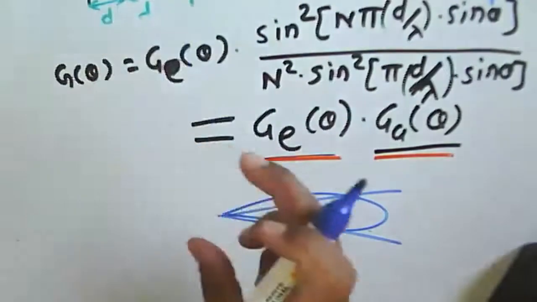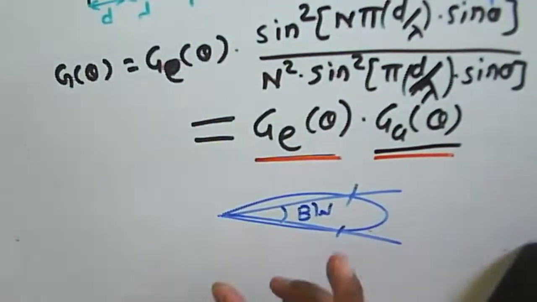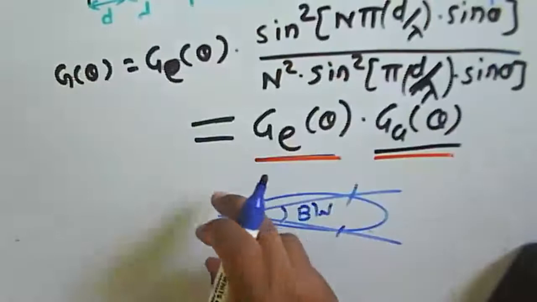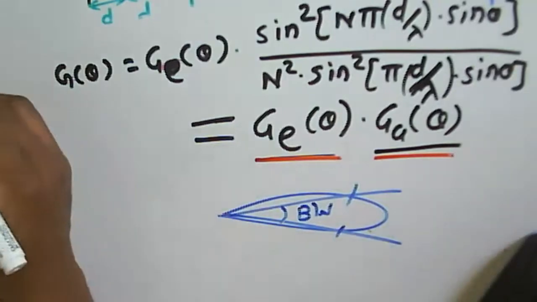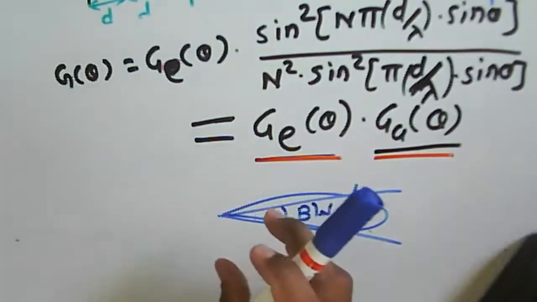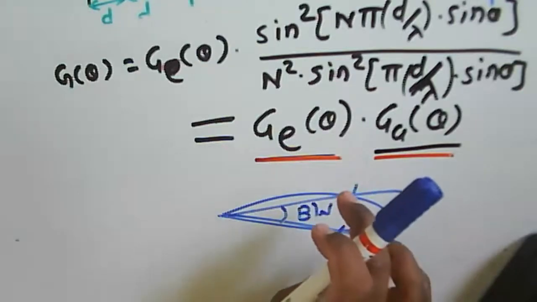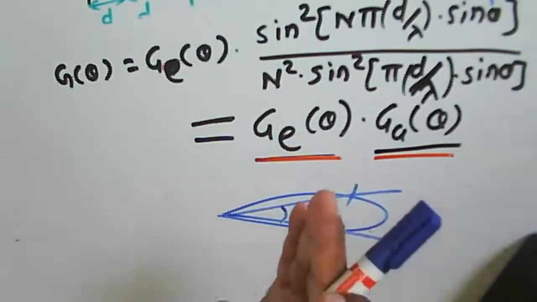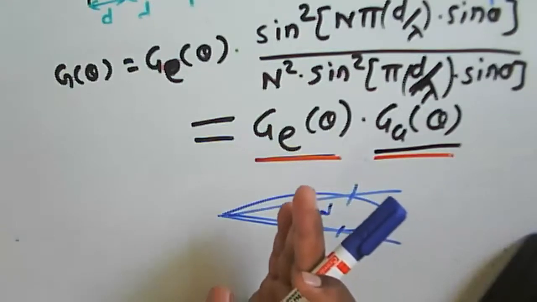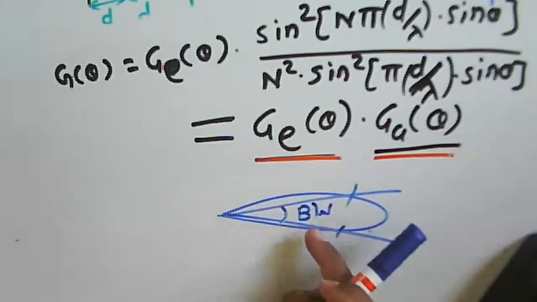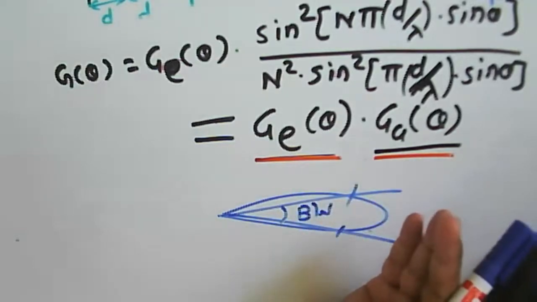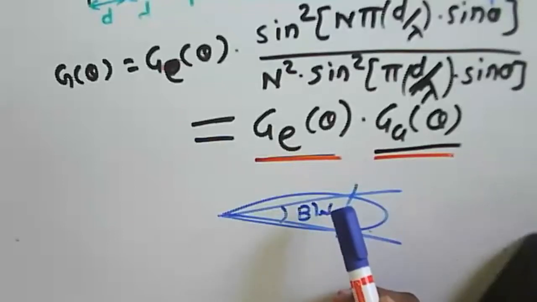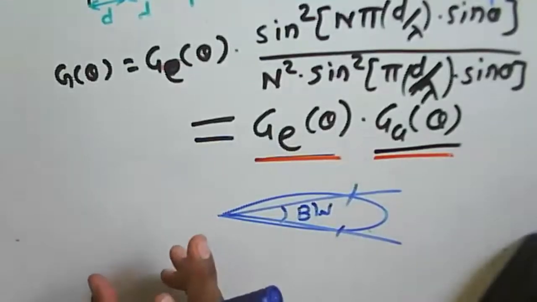All elements are considered to obtain the total radiation pattern of the antenna. If the beam width of whatever element we consider is less than 60 degrees, then the grating lobe can be removed.